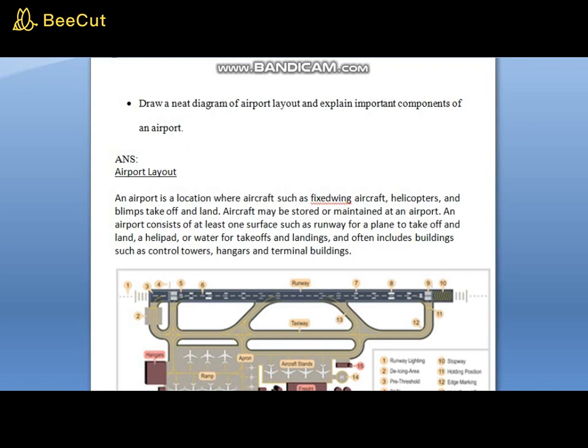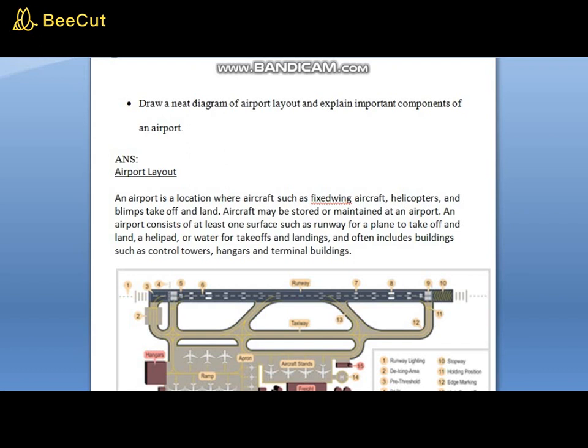An airport consists of at least one surface, such as a runway, for a plane to take off and land, a helipad, or water for takeoff and landings, and often includes buildings such as control towers, hangars, and terminal buildings. This is nothing but a description of an airport layout.